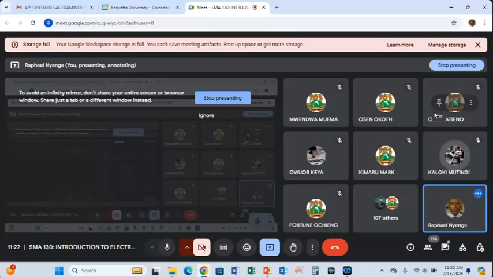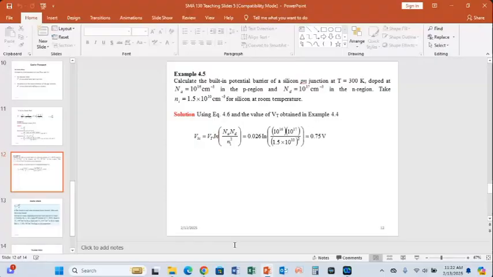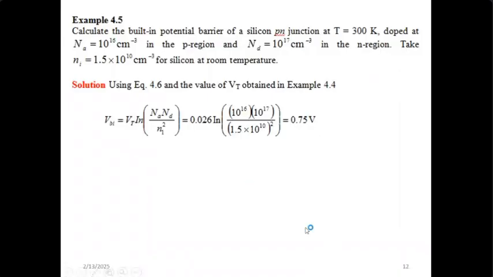Yes, I can hear you. Okay, can you read example 4.5? I can't see clearly. Can you see the screen? Okoth, you can see the screen?